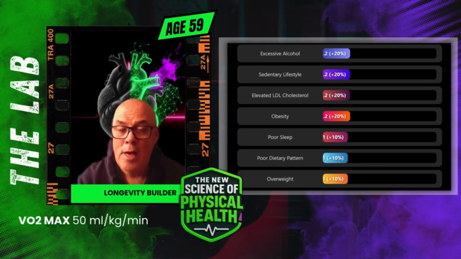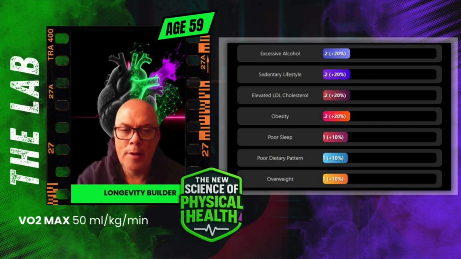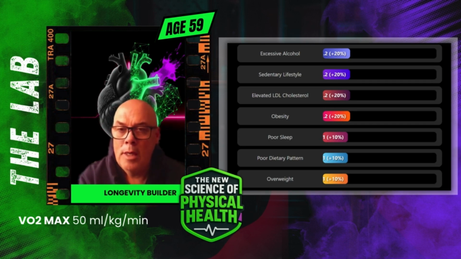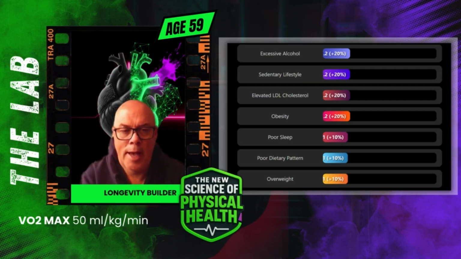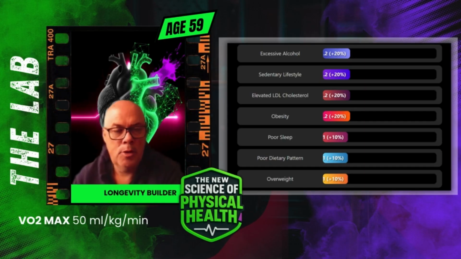If someone's overweight, epidemiologists throughout thousands of studies and millions of people have found it has a hazard ratio of 1.1 or 10%. That means a person who is overweight has a 10% chance of something negative interfering with their longevity and health span compared to the person who's not overweight.